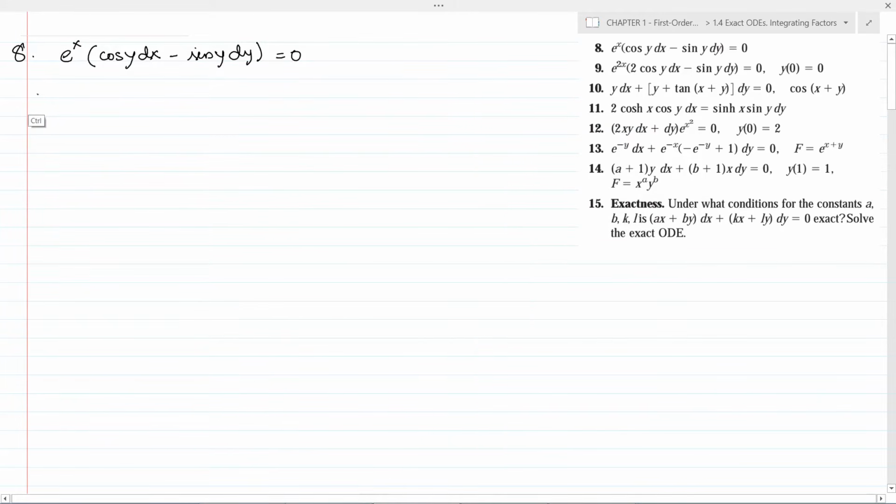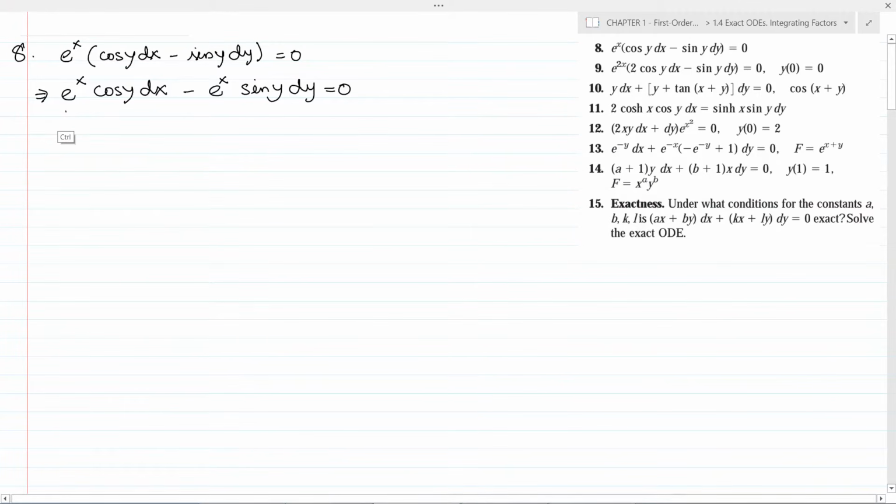We can rewrite this equation as e to the power x cos y dx minus e to the power x sin y dy equal to 0.